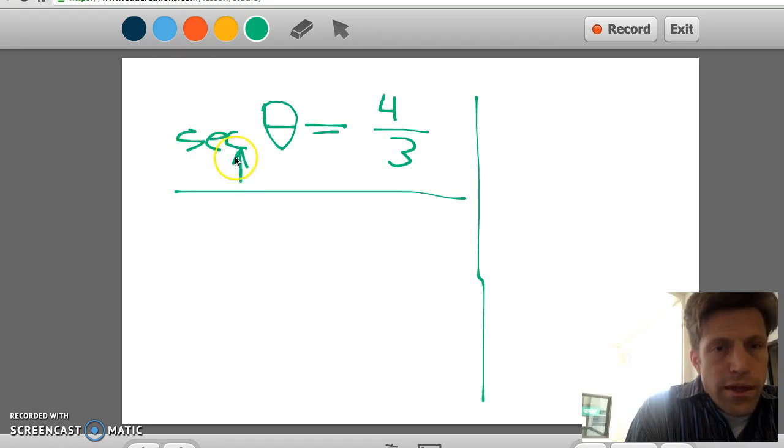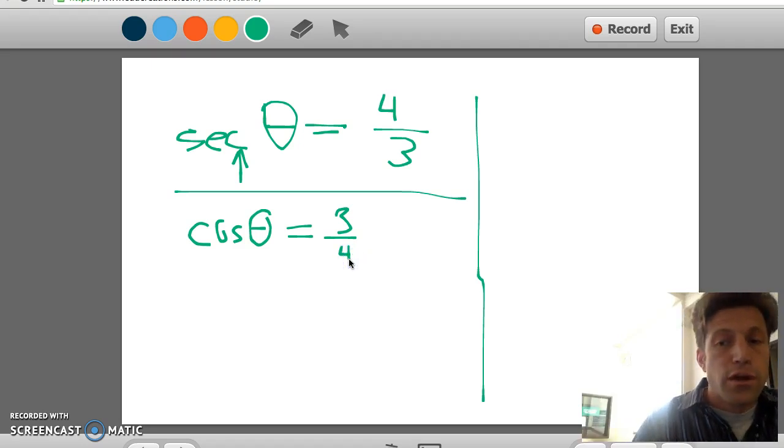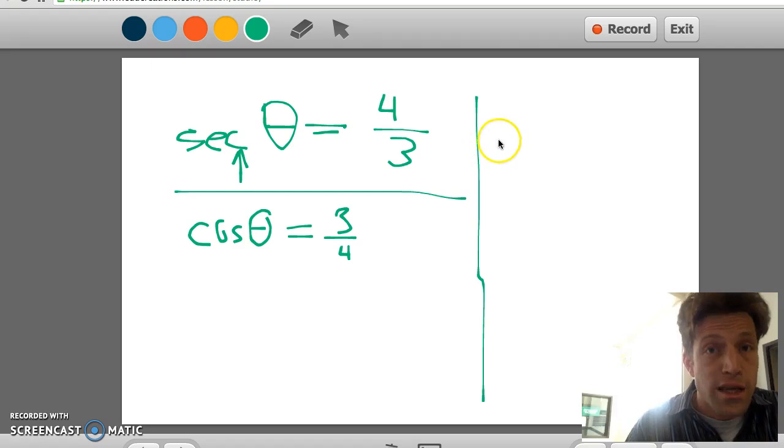Secant is the reciprocal of cosine. So that means the cosine must be 3/4. Now, another method, what you learned in class today: you plug that into cosine squared plus sine squared equals 1. I'm just going to abbreviate because it's hard to write with this thing.